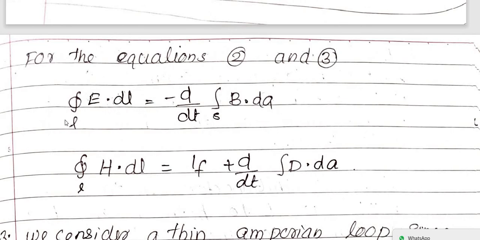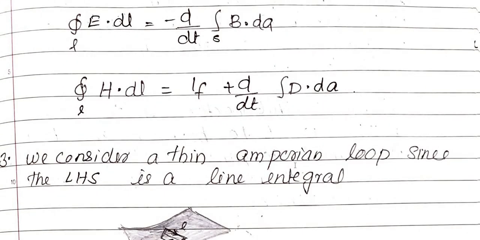And equation number 3 is closed integral E dot dl is equal to minus d by dt of surface integral B dot dA, and closed integral H dot dl is equal to I f plus d by dt of D dot dA. In these two cases, because this is a line integral, we will consider an Amperian loop. In order to study the boundary conditions, we have to consider this Amperian loop, and the thickness of the Amperian loop is very small.